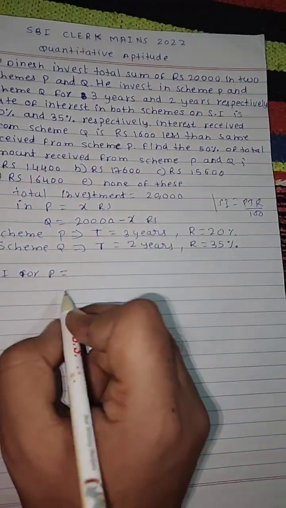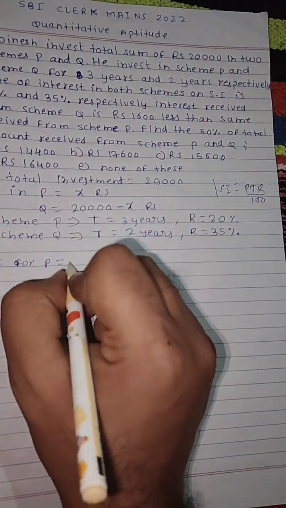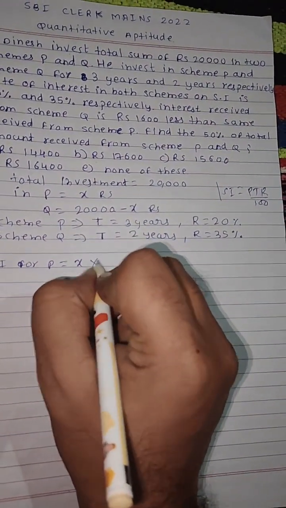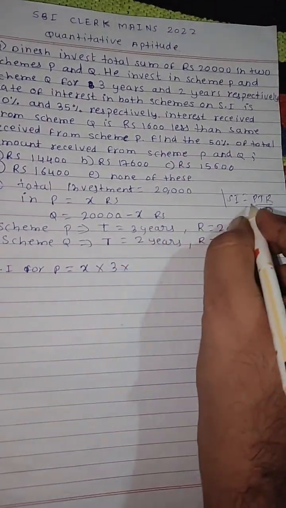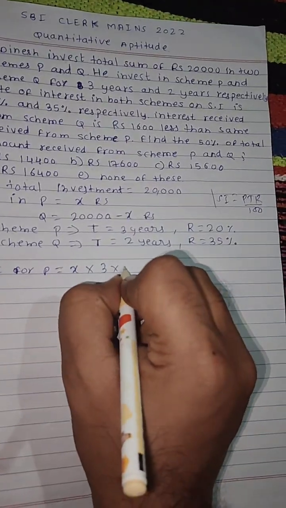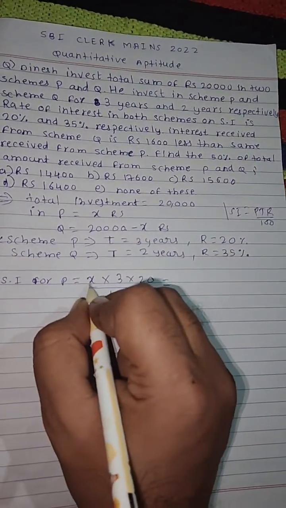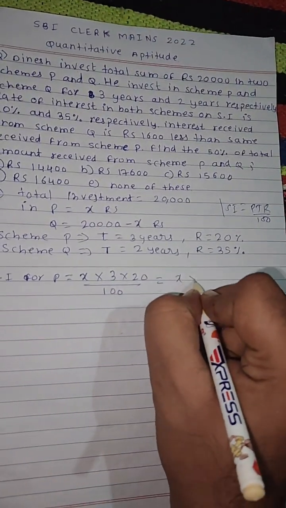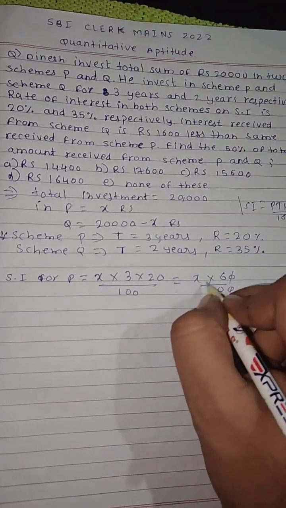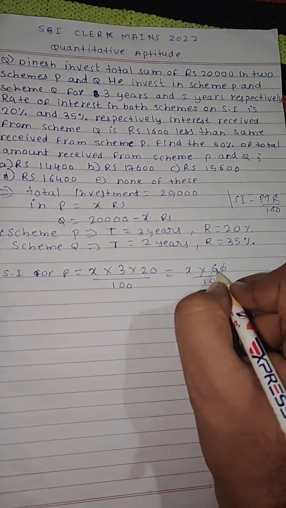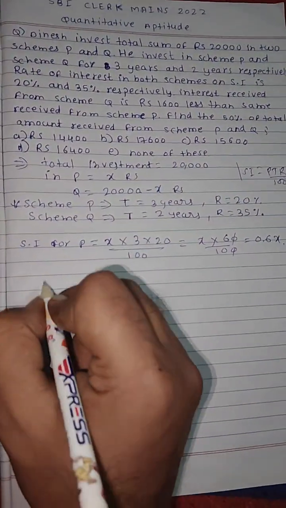For P, the principal we have considered as X, T is 3 years, and the rate of interest is 20%. So X into 3 into 20 is 60, by 100. It comes out to be 6X by 10, so we can write it as 0.6X. So this is for P.